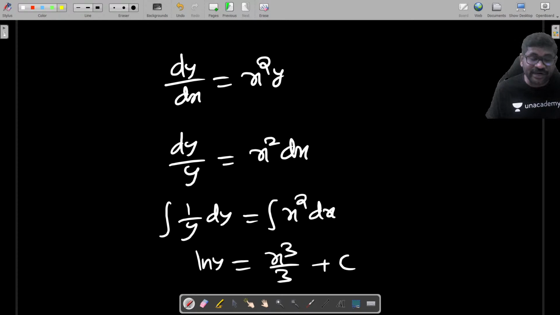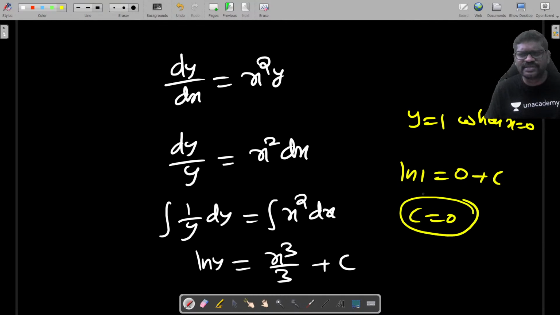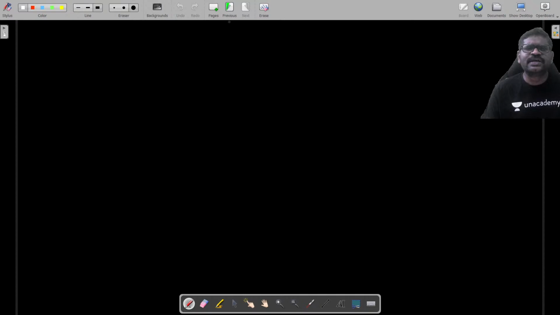The given boundary condition is y is equal to 1 when x equal to 0. So log 1 equal to 0 plus c. So finally c is equal to 0. If the value of c is 0, then the solution is log y equal to x cube by 3.